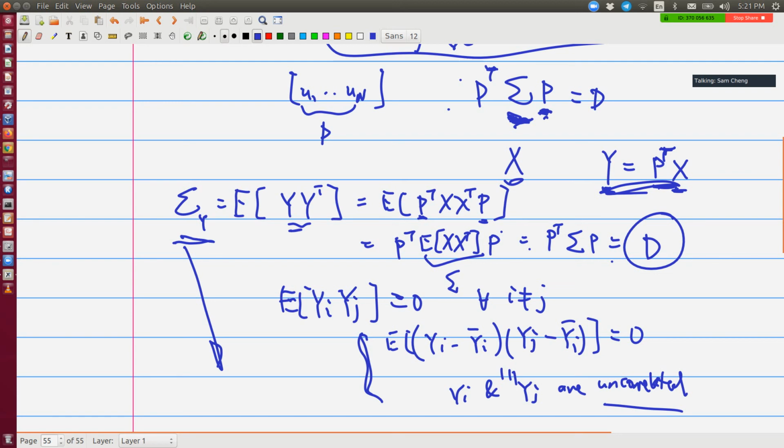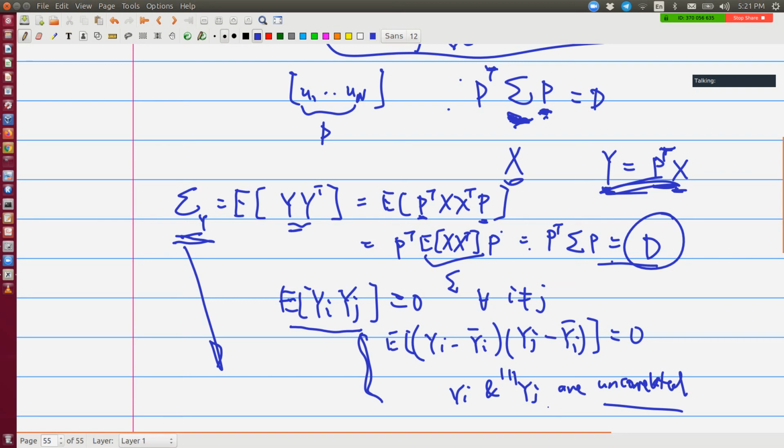Because then we are able to diagonalize the covariance matrix, and when you diagonalize the covariance matrix, you make all the elements of y uncorrelated to each other, right?